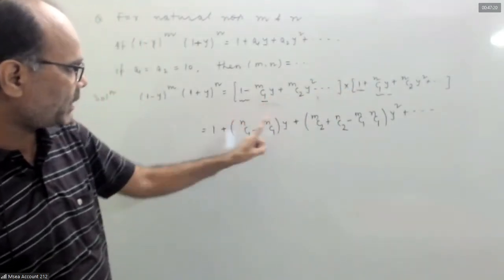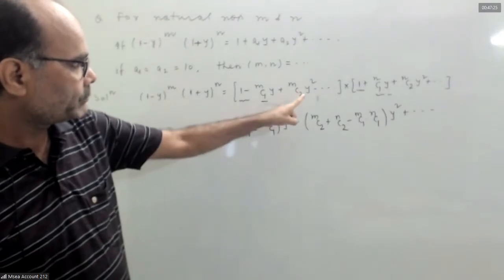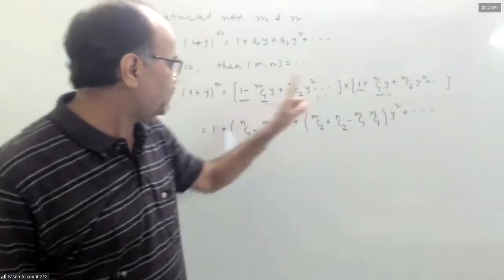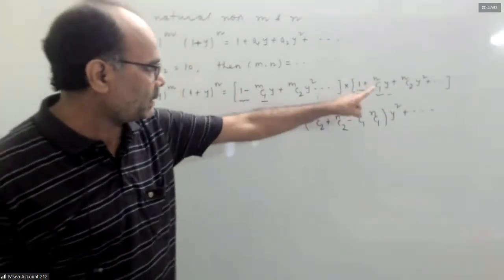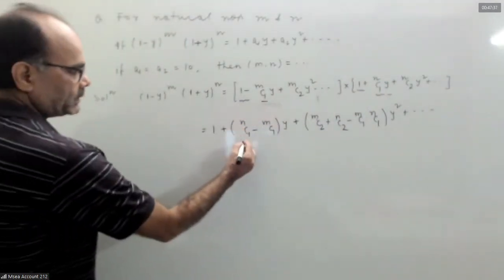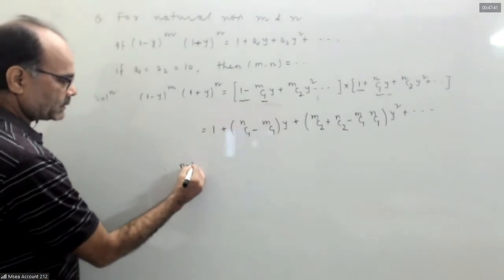That is, the coefficient of y is nC1 minus mC1. Come to y square. This term multiplied by 1 plus this term multiplied by 1, the coefficient of y square, and this term multiplied by this term. So this value is m minus n. Therefore, n minus m equal to 10.